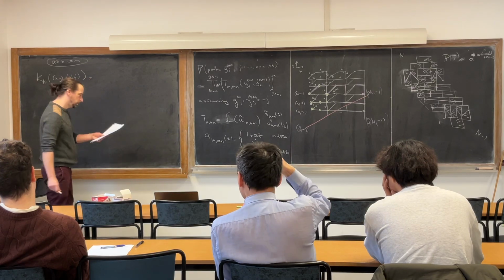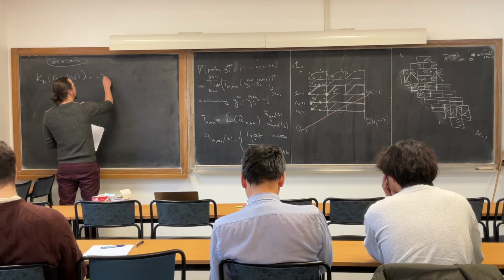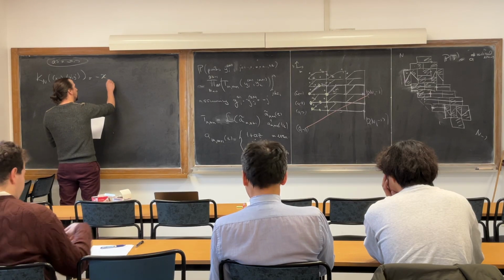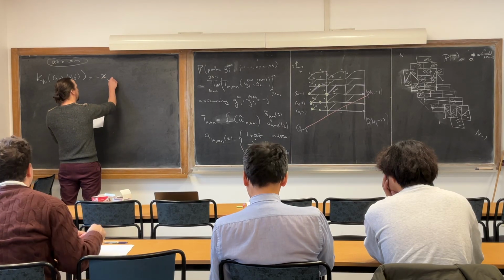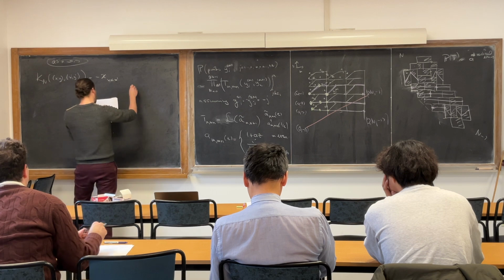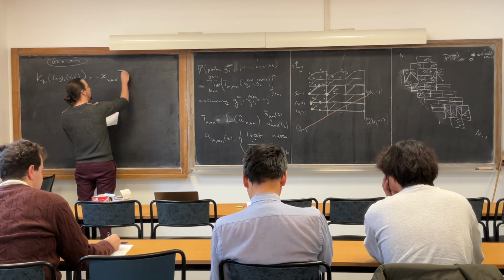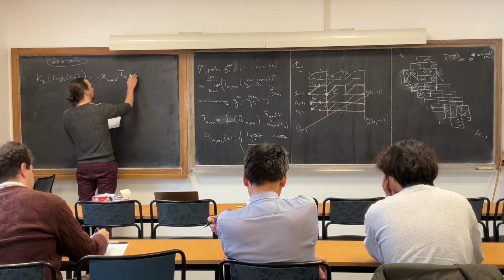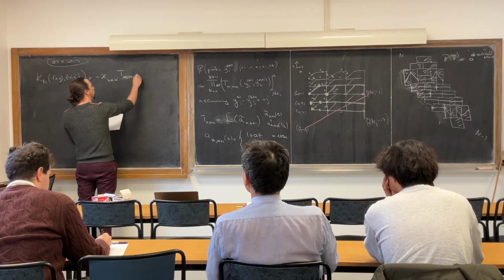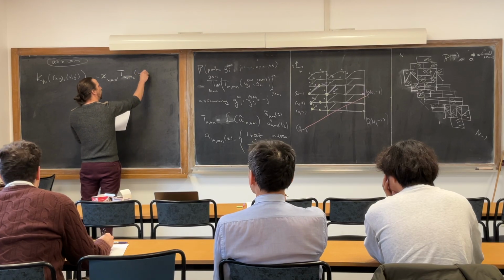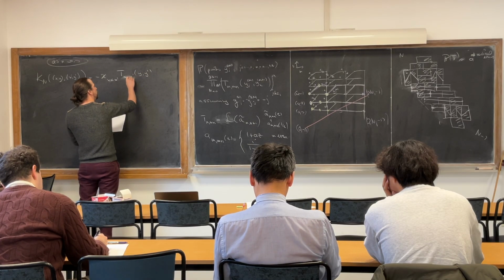So we get a kernel, which is given in the following way. It's minus the characteristic function, depending on whether x is less than x prime, of t_{m1} to x1 to x2, of y to y prime, sorry, x to x prime.